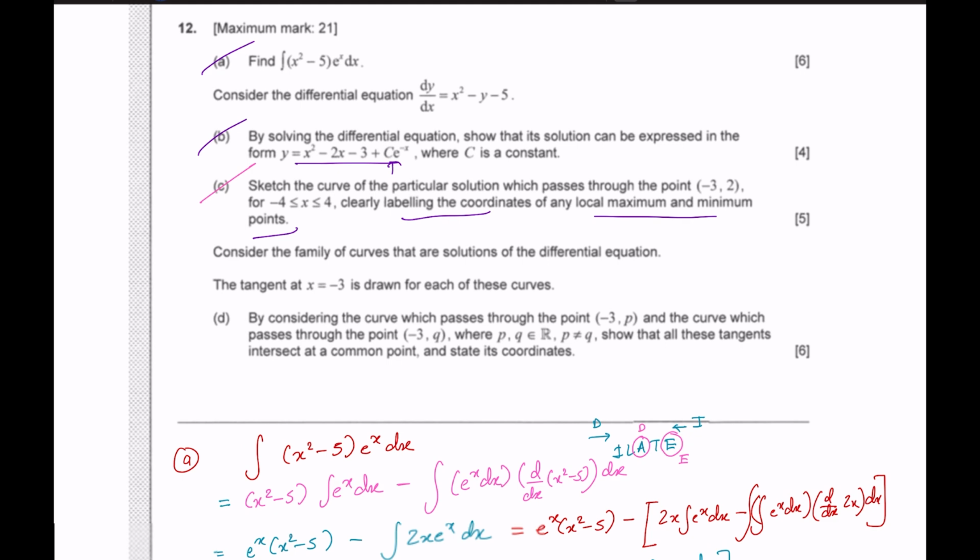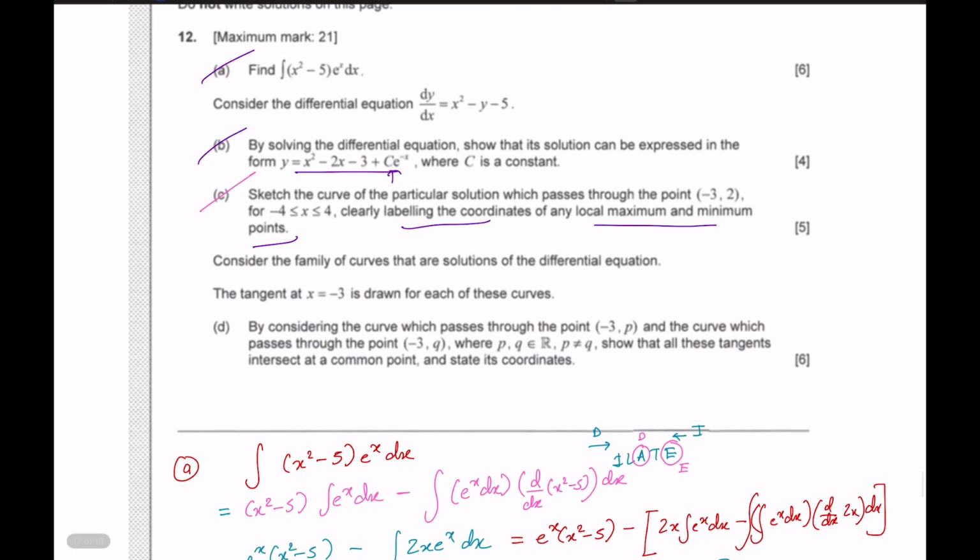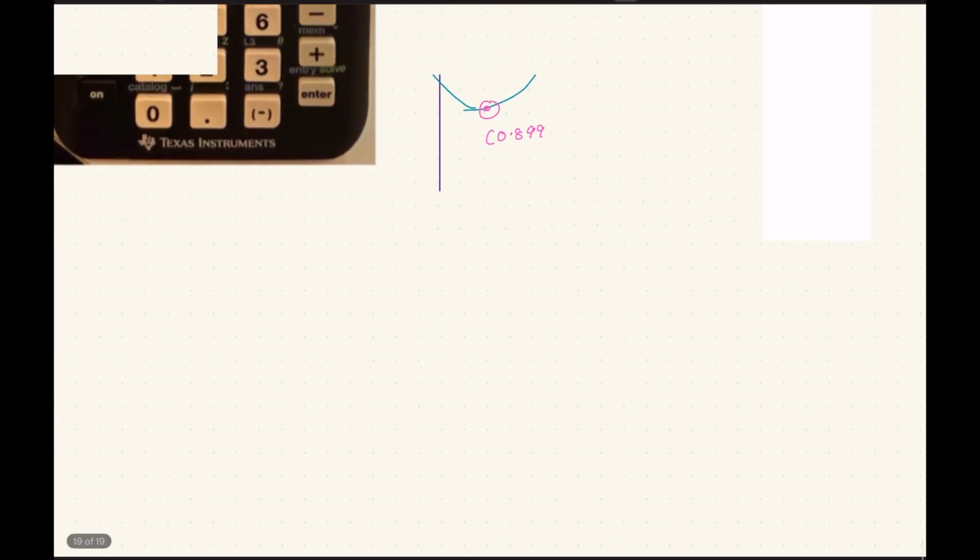Now the last one, which is the trickiest question of this paper. There's a tangent at x equals -3, which is drawn for each of these curves. Considering the curve which passes through the point -3, comma p and the curve which passes through -3, comma q, show that all these tangents intersect at a common point and state its coordinates. So, okay, fine.